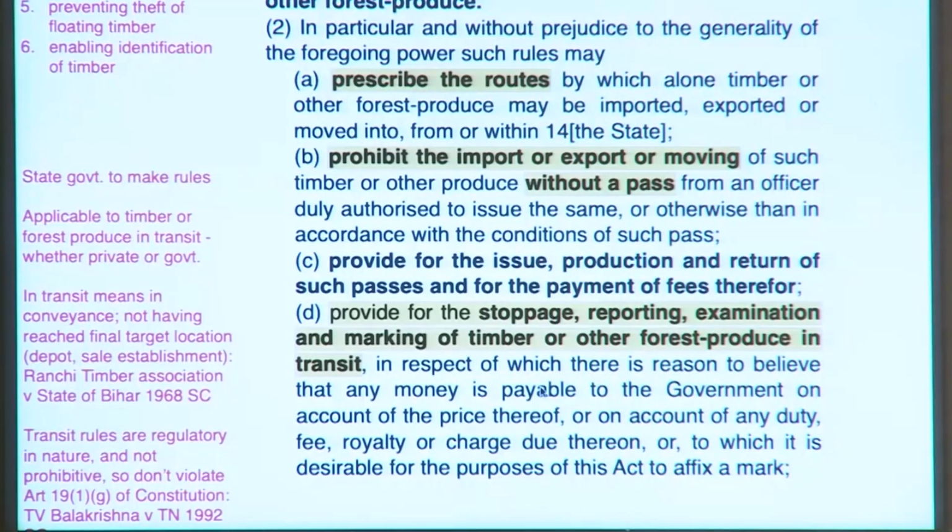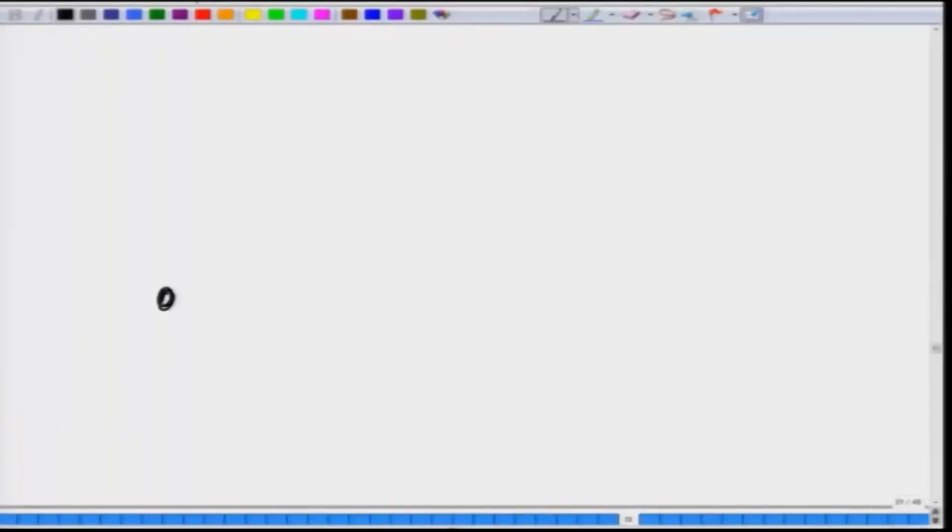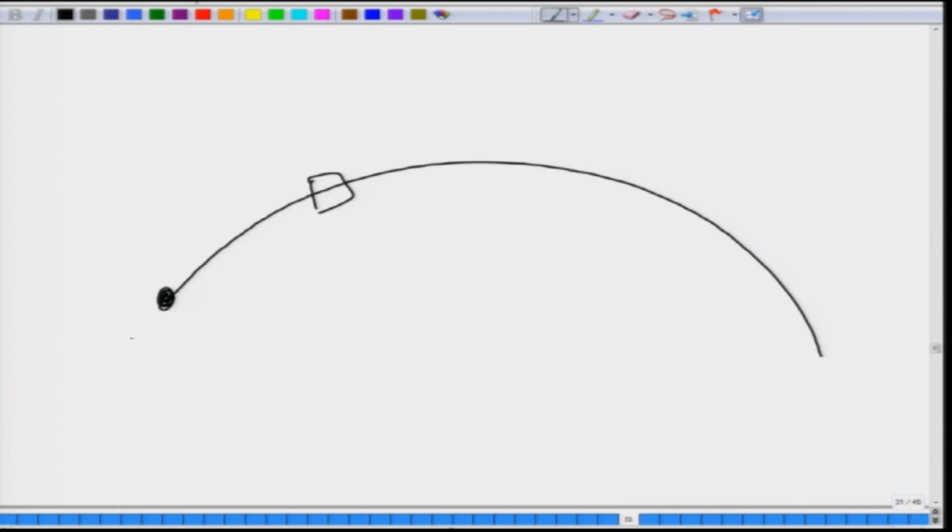So, what is happening is that suppose you are moving your forest produce from location A to location B. Now, in this case suppose you have 3 places where these transit passes will be checked by the government or by the forest officials.